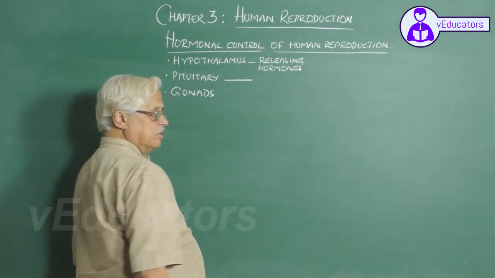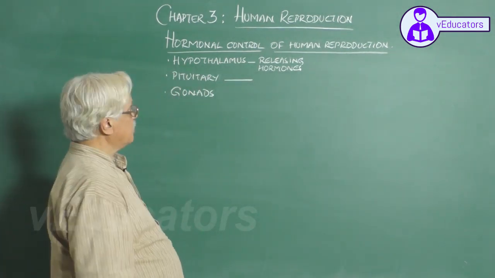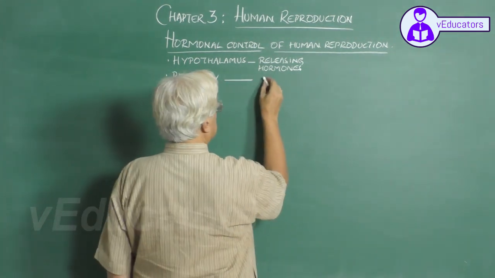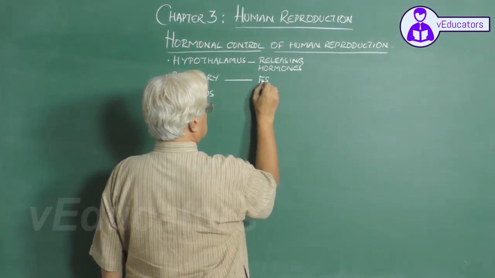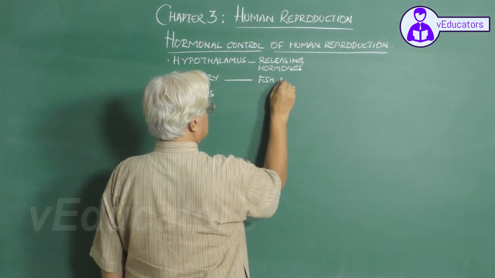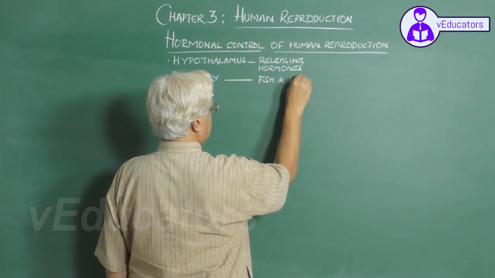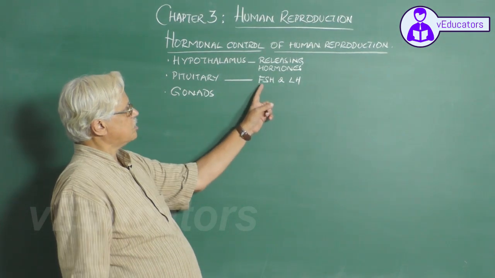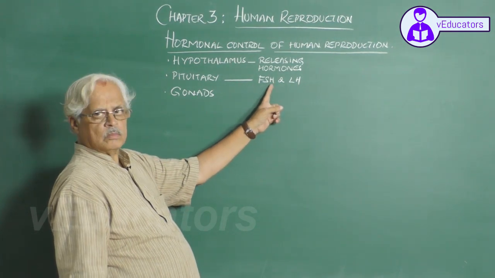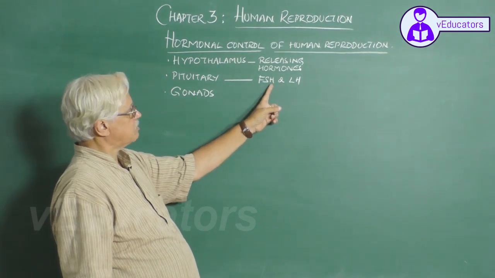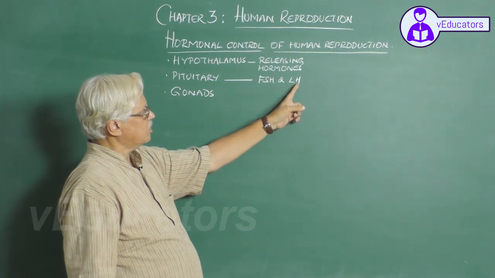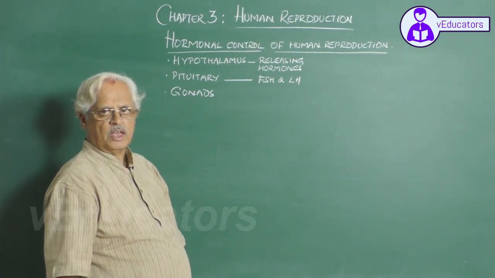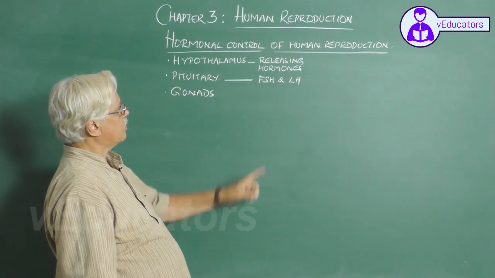Last year you have studied that the pituitary gland produces two important hormones related to reproduction: follicle stimulating hormone, abbreviated as FSH, and luteinizing hormone, abbreviated as LH.